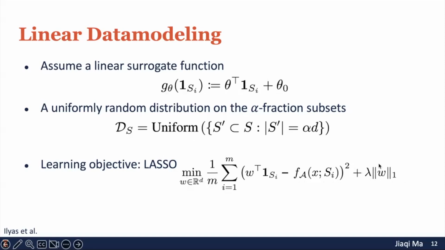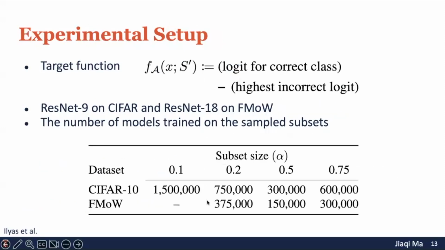Well, this seems to be overly simple. The authors conducted extensive experiments to show that this linear function can approximate this counterfactual prediction target function F reasonably well. And here's their experimental setup. The experiments are all done on image classification tasks.